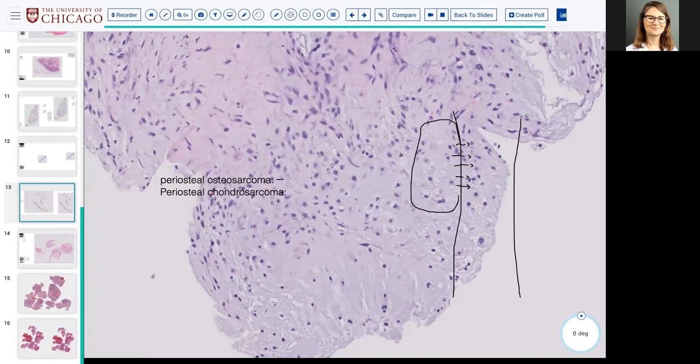Periosteal osteosarcs tend to present in a younger age group, just like conventional osteosarcs, and tend to be more on the surfaces of the femur rather than the humerus, but these are all just generalizations. Periosteal chondrosarc certainly has a similar centered appearance on the periosteum with bony infiltration.